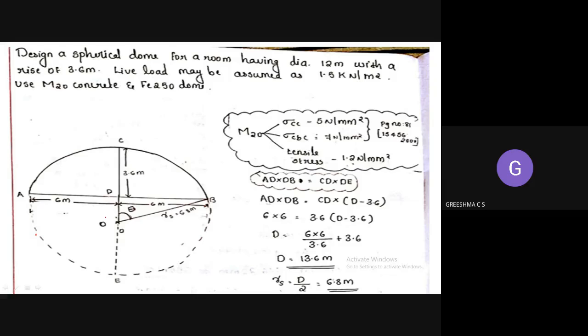Okay, so we can write that this DE is equal to this total diameter minus 3.6. Then you will get this dimension.